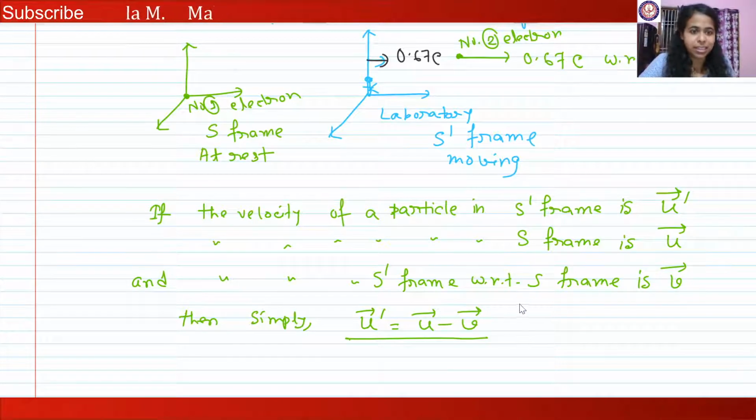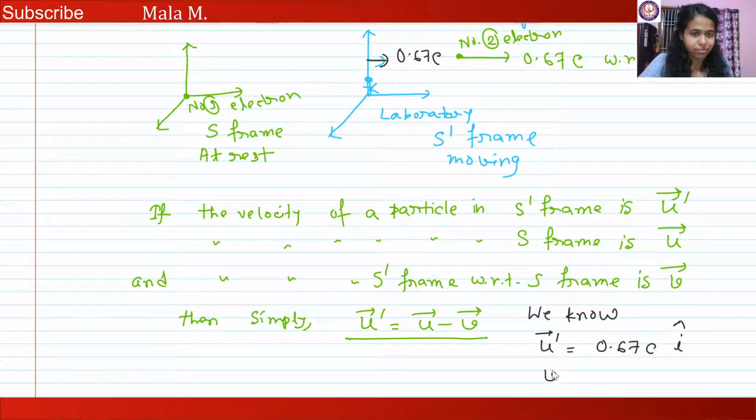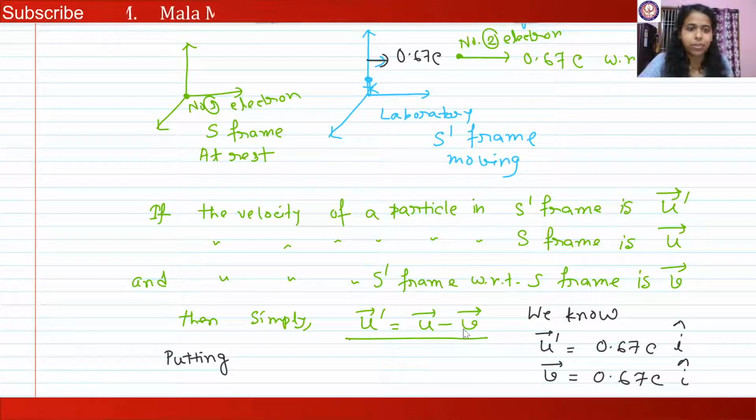Now in our case we know all the things. We know u prime is equal to 0.67 c along the x direction, v is equal to 0.67 c along the x direction. Let's say this is my equation 1.